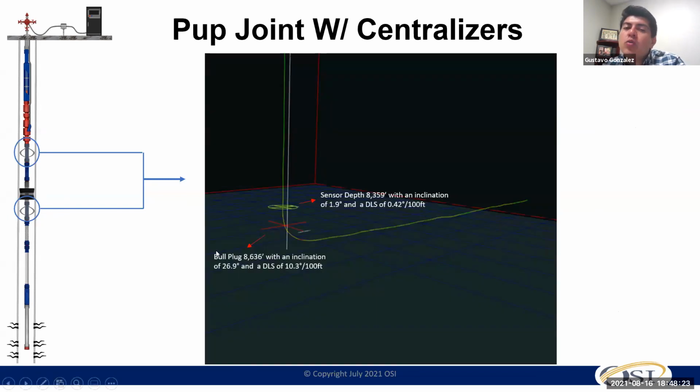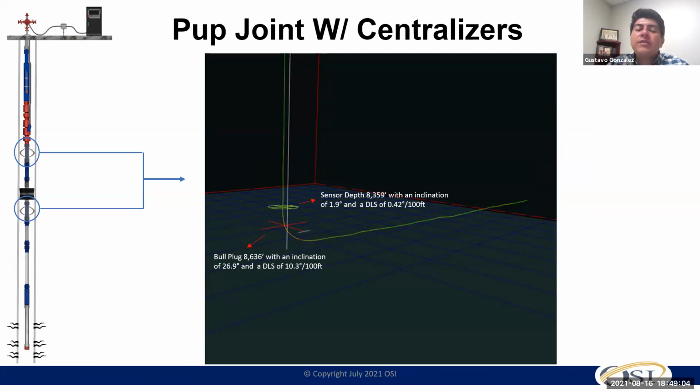That's why it's so critical to analyze the survey. We always analyze the 3D view, where the sensor actually is and how much tailpipe we're putting underneath it, because that's something we always come back to and discuss with the operators and the ESP companies. We may be putting our ESP at the right inclination and the right dogleg, but we have to analyze the integral system that we're designing to control that sand. What I mean is, if you go with a regular desander, your sensor and ESP could be at less than 2 degrees of inclination and the dogleg could be 0.2.